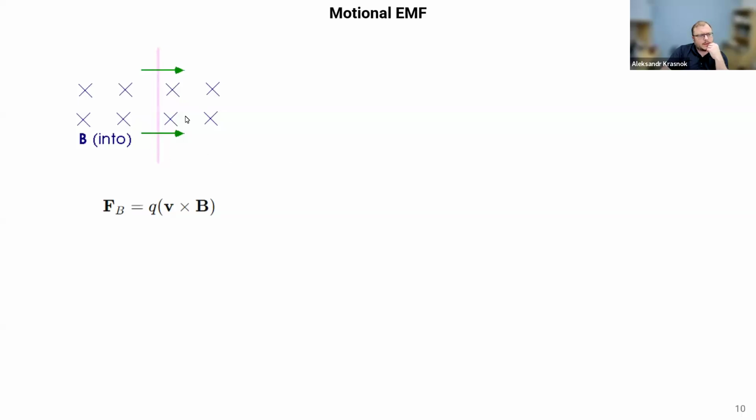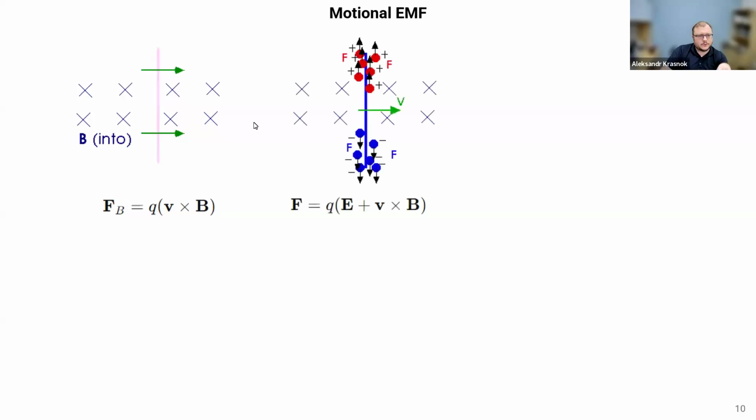So I again refer to this simple experiment of a wire moving in the orthogonal magnetic field. Every single electron experiences the action of the Lorentz force given by this formula, which results in the splitting of positive and negative charges.